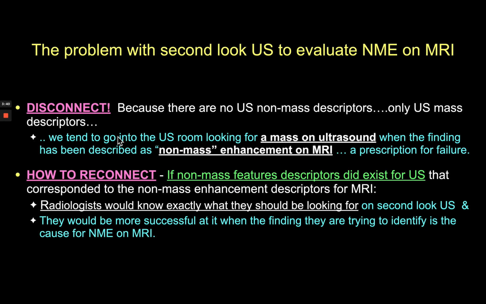It didn't find a mass. Well, of course it didn't find a mass. We said specifically and very specifically on MR that it's not a mass. So why would we go in a room and look for a mass and then say it doesn't work? What we specifically have to do is develop a set of non-mass features that we can look for when there's non-mass enhancement. And then we don't have to come out of the room frustrated and say, yeah, we didn't find a mass. Of course, we didn't expect to find a mass because we already said it was non-mass on MR.